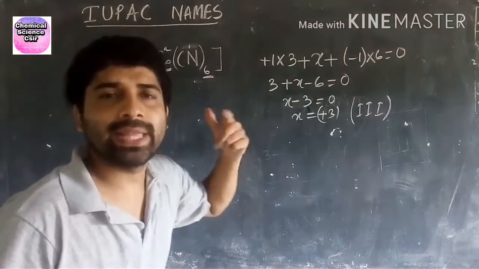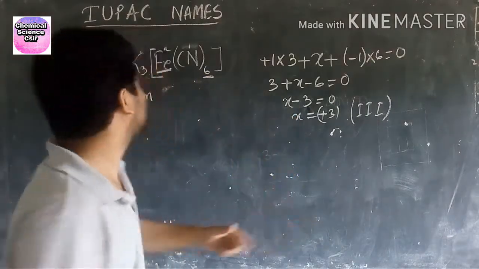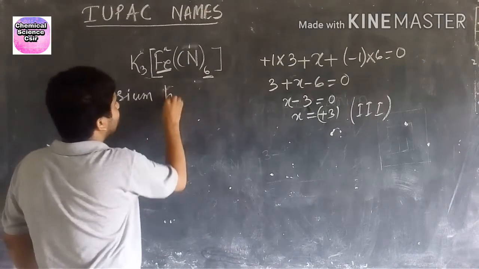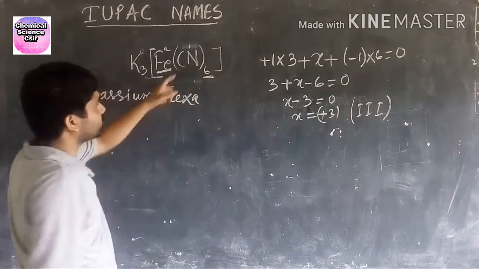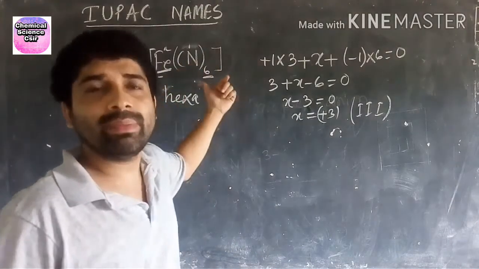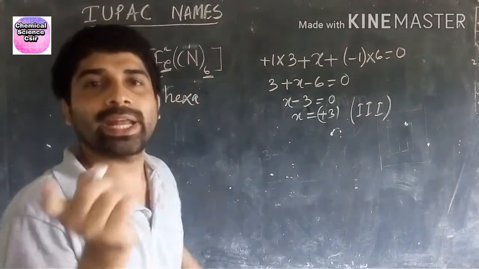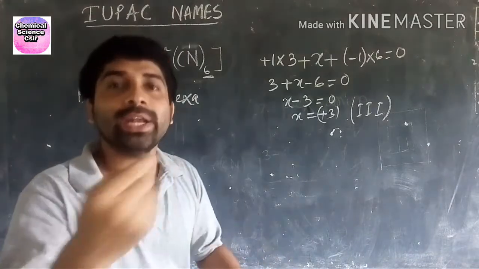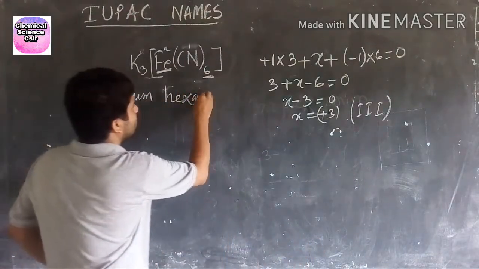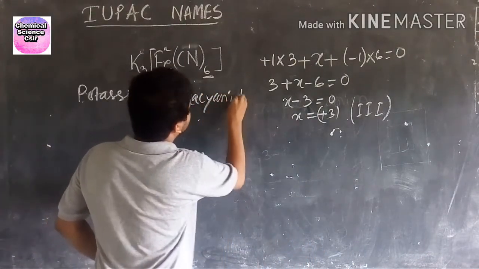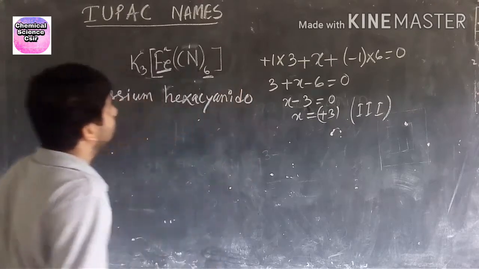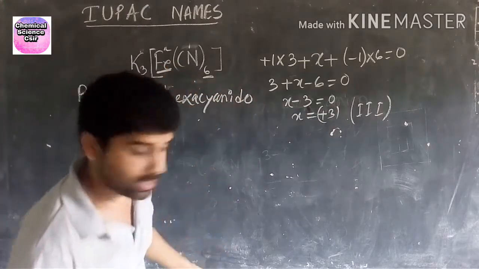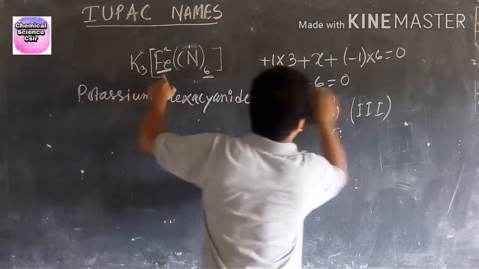If 6, then this is called hexa. Potassium, hexa, and the anion name is cyanide, so you write cyanido.